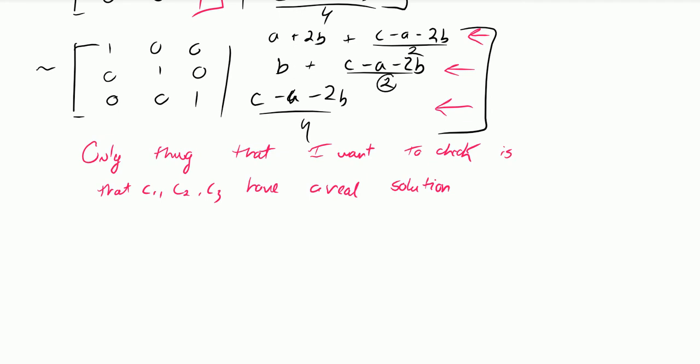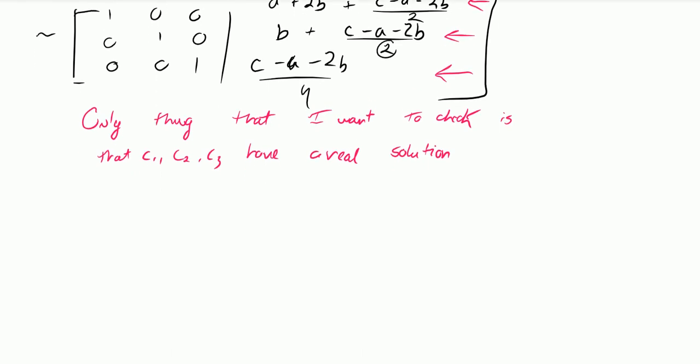And in this case, they do, because in this case, C3 is C minus A minus 2B over 4. And then C2 is B plus C minus A minus 2B over 2.